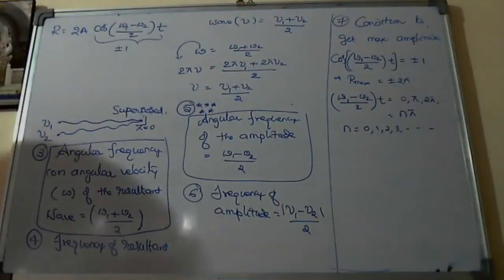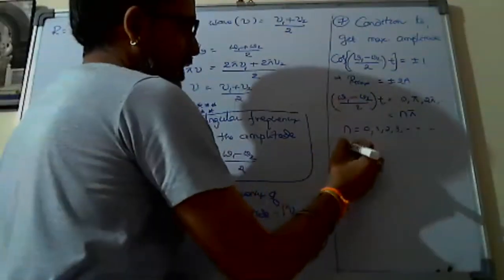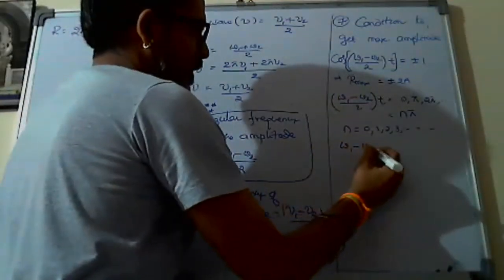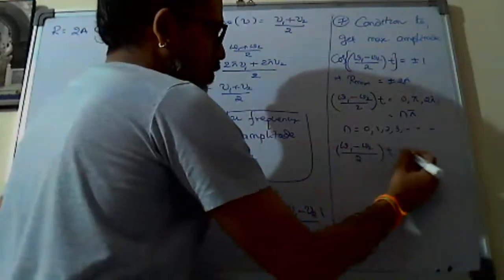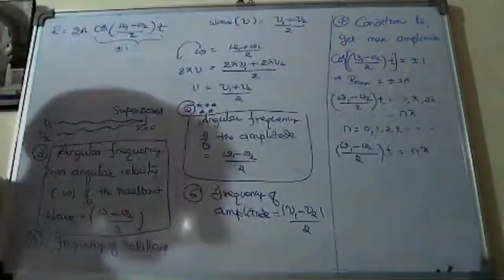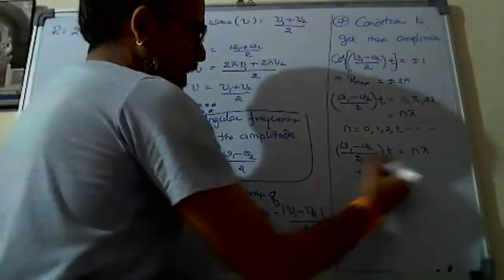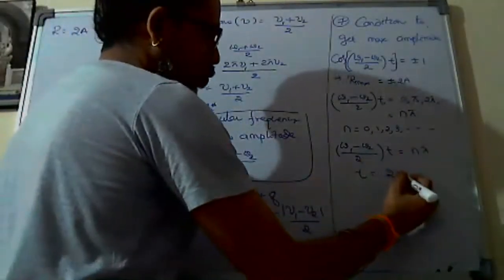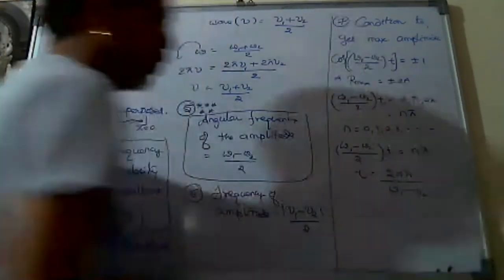That implies (omega 1 minus omega 2) by 2 into t, if you equate it to n pi, then you will get the time intervals. By cross multiplication, t equals 2n pi by (omega 1 minus omega 2).